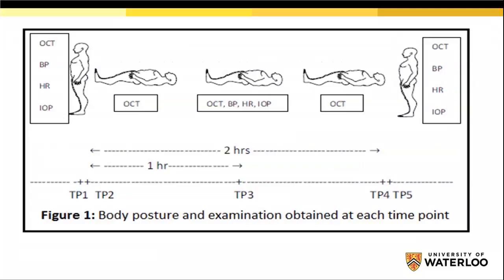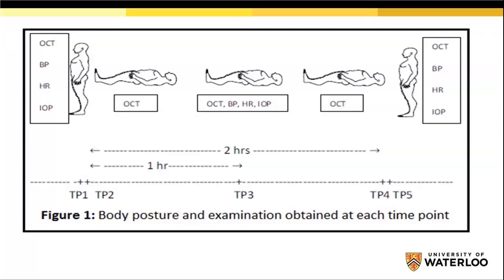Basically what we did was we measured the retinal thickness with them stood up or sat up. We measured retinal thickness when they were lay down over a period of 2 hours, and then we measured them again immediately after returning to a sat up position. Next slide, please.